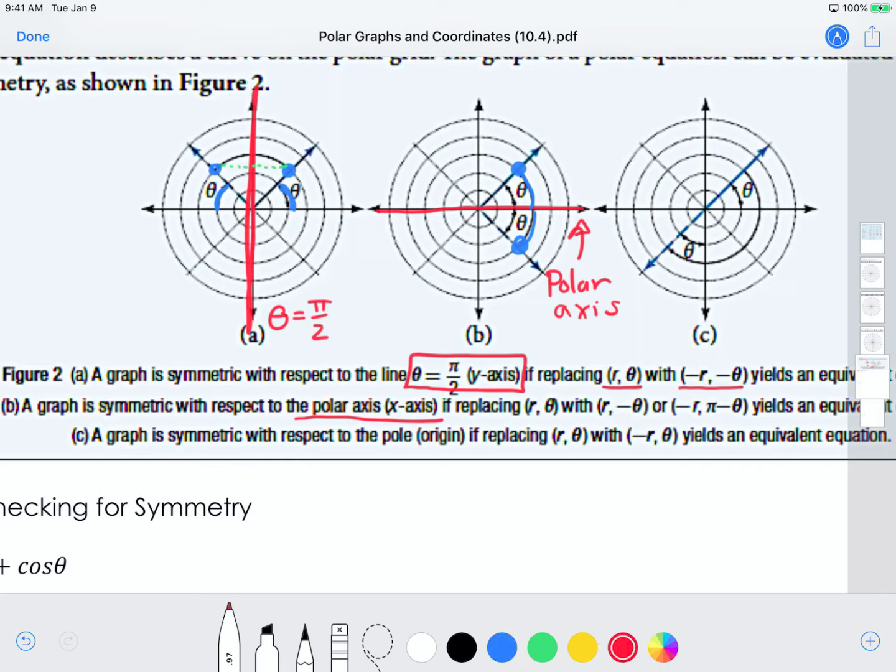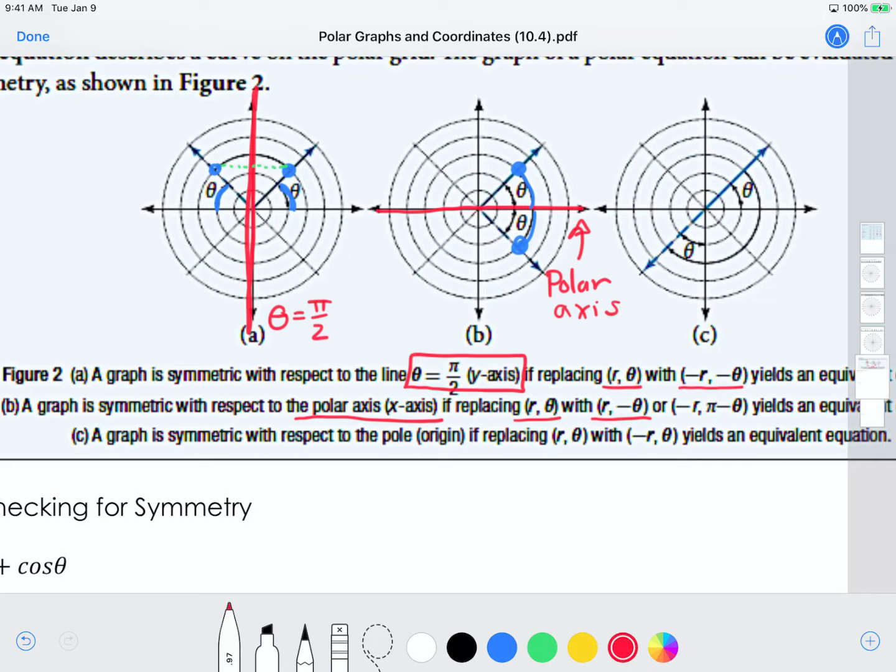And how we test for that kind of symmetry, we replace r and theta with r and negative theta. And if we get the same thing back as what we started with, then we have symmetry with respect to the polar axis.